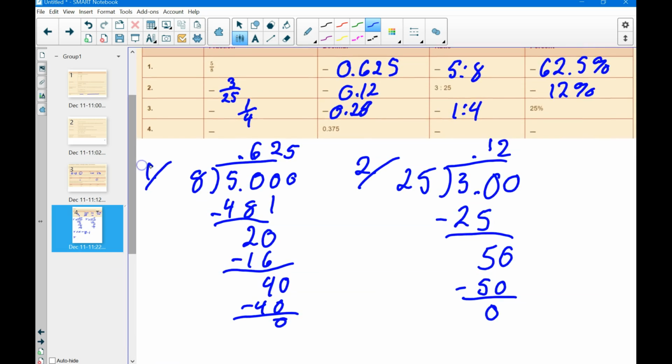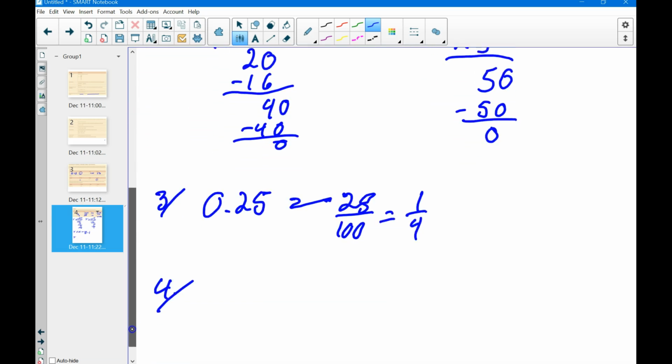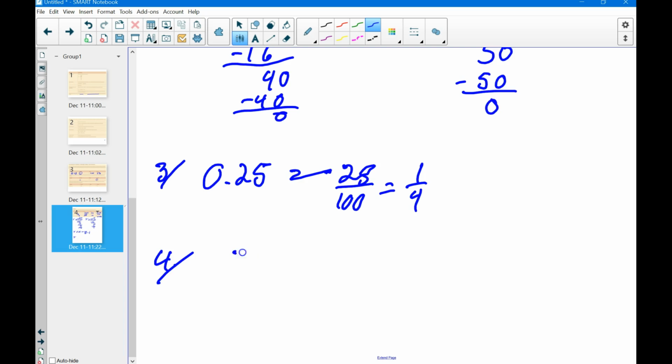Number 4 says we have 0.375. As a percent is going to be 37.5%. As a fraction, it's going to be 375 over what number? 1,000.